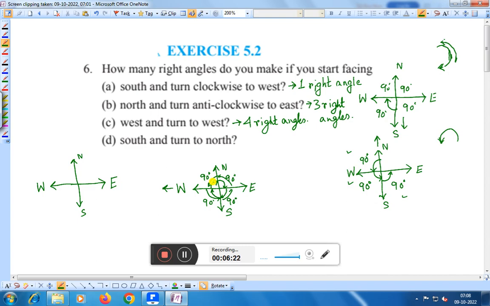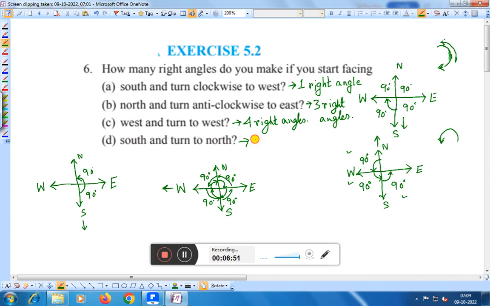Now question number D. South and turn to north. First of all, you are facing south in this direction, right? And turn to north. Suppose first of all you go in the anti-clockwise direction, then you are getting north. That means how many degrees? South to east is 90 degrees, and east to north is also 90 degrees. That means 2 right angles.